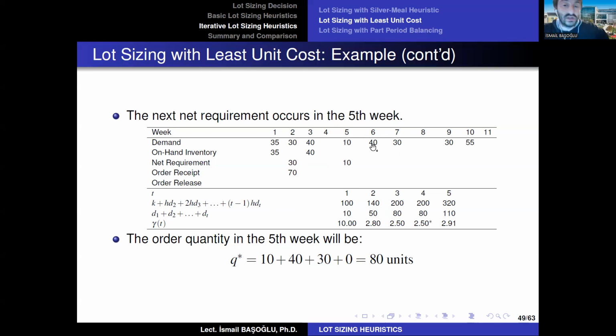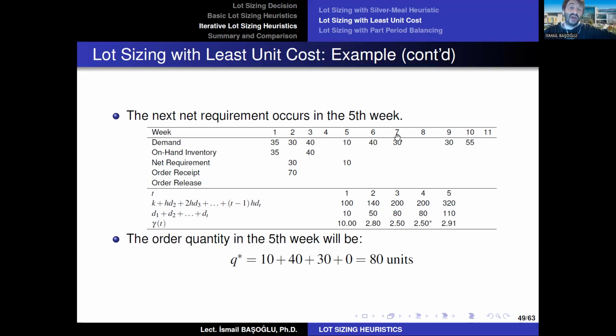If your order spans the demand of the next period as well, then the cost associated with that will be $40 larger because you are carrying 40 units of inventory by paying $1 per carried unit. And the total demand that is spent in this order will be 10 plus 40, 50. And 140 divided by 50 is 2.80, which is a lot lower than 10 here.